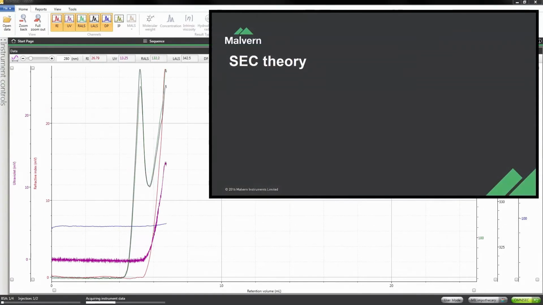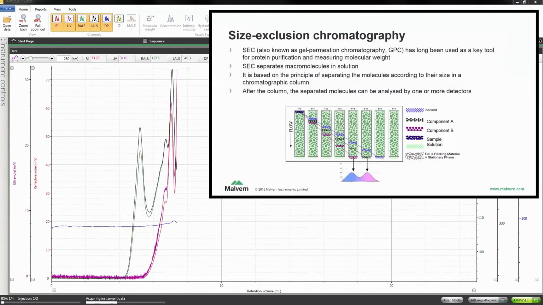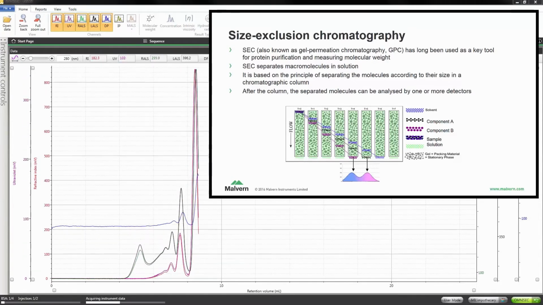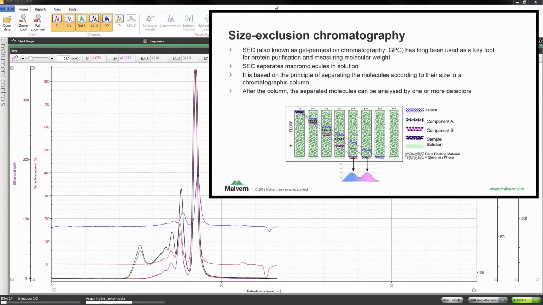So, thinking about size exclusion theory. Size exclusion, SEC, also known as GPC, gel permeation chromatography, is a subset of HPLC, but it's not an interaction affair at all. It relies on separation of molecules as they move through the column based on diffusion of the protein molecules in and out of the pores of particles.